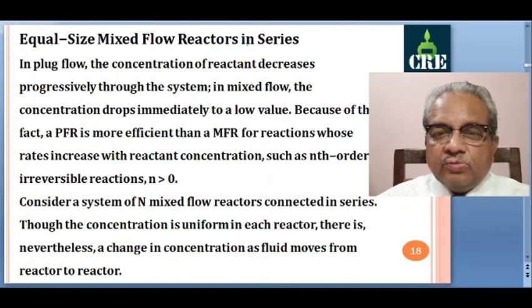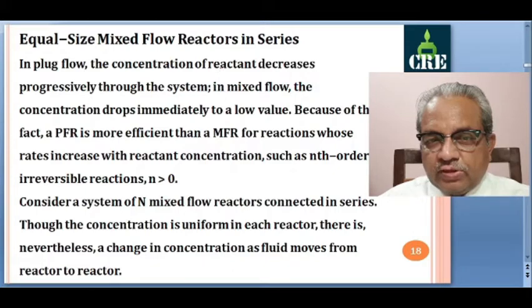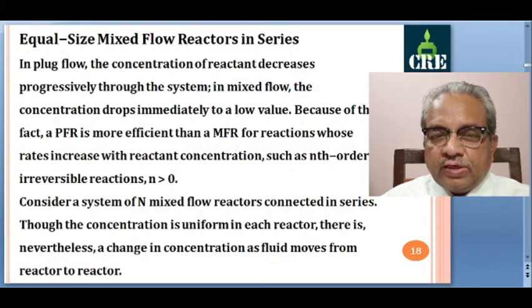Now we'll see equal size mixed flow reactors in series. In plug flow, the concentration of the reactant decreases progressively through the system. Conversion is progressive. Along the length or along the volume, there is a change in concentration. Whereas in a mixed flow reactor, the concentration drops immediately to a value.